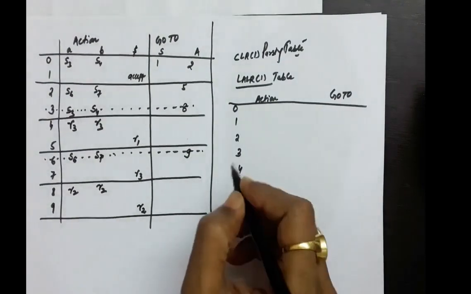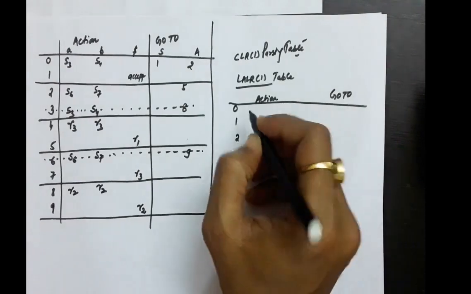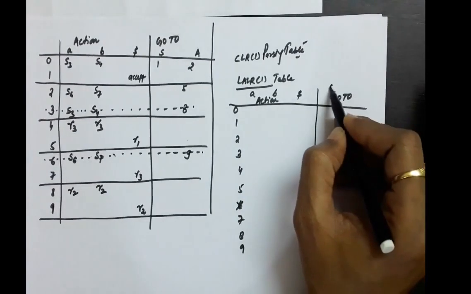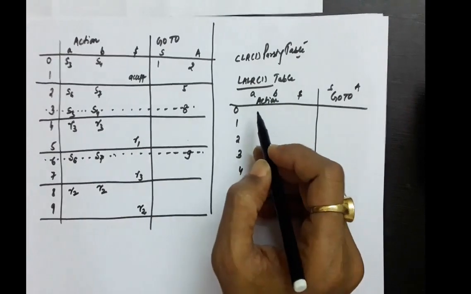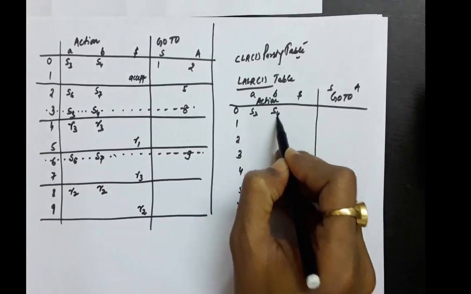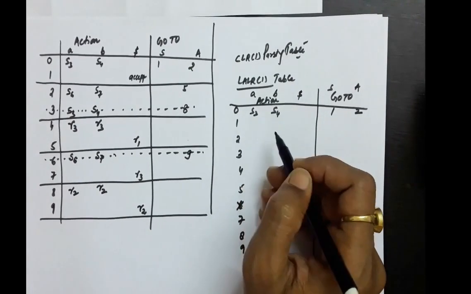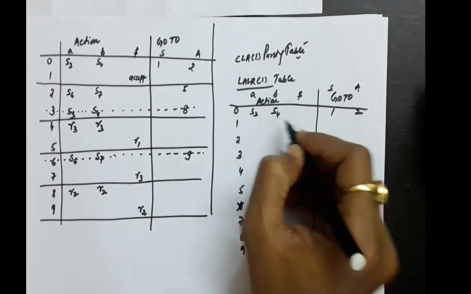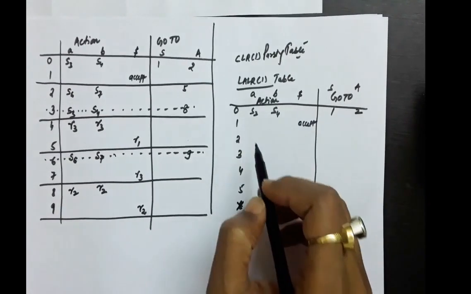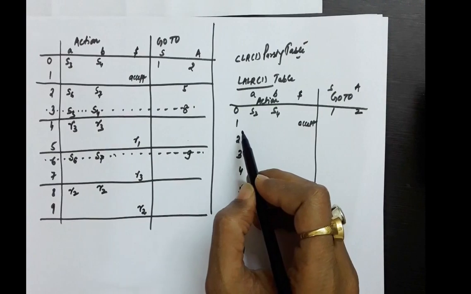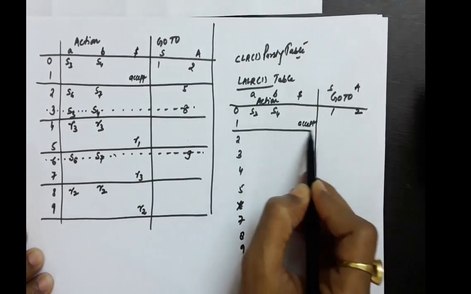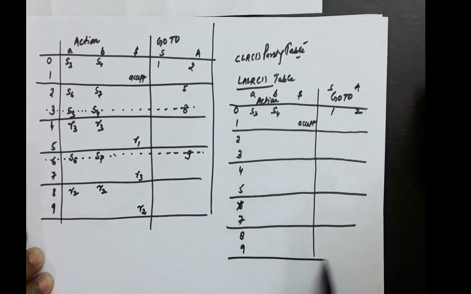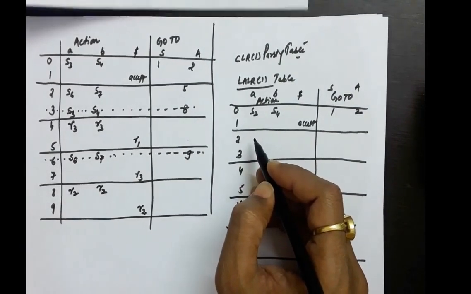For this, in the action part we had a, b and dollar, and in the goto part we had capital S and capital A. Now state 0 has no change, it remains the same. State 1 has no change, it will remain the same. Now state 2 also has no change.